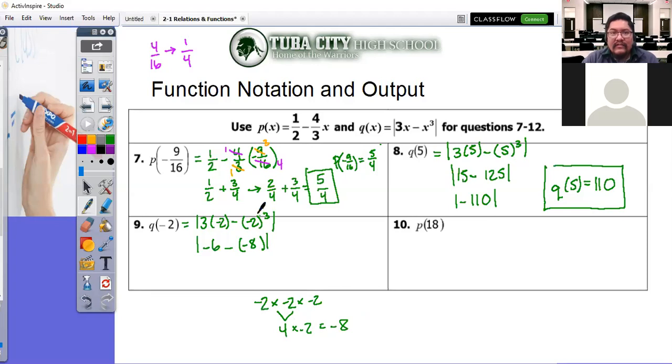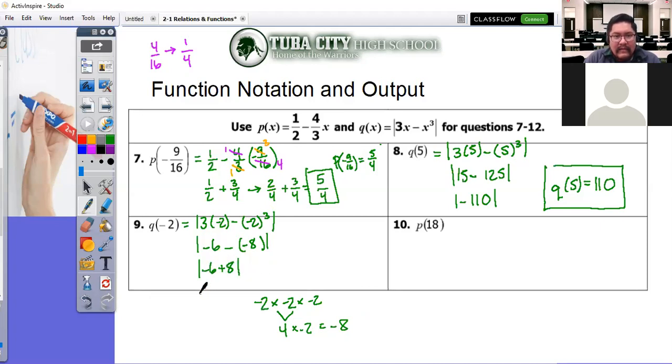Now, cube functions are a little bit weird because they don't always mean whatever you put in there is going to be positive. Not like a square number or a 2 power. Those will almost always become positive. Well, I can't think of any cases they wouldn't be positive, so they're pretty much always going to be positive. So let's see, -6, and I'm going to change this to a plus.